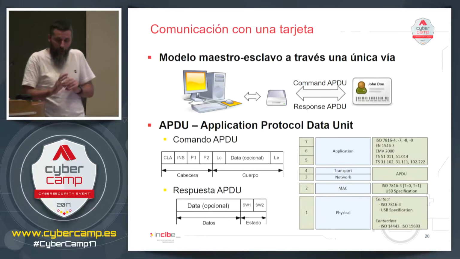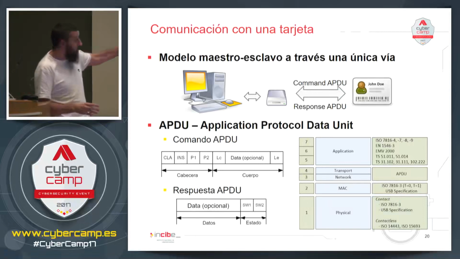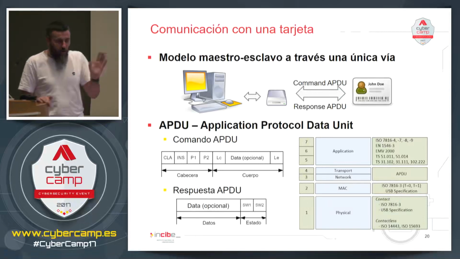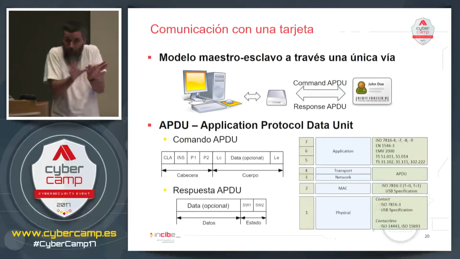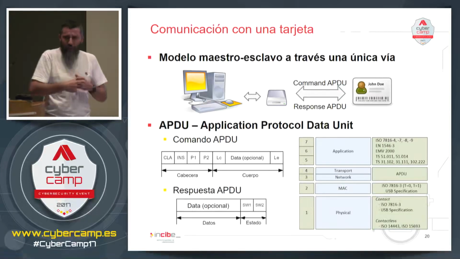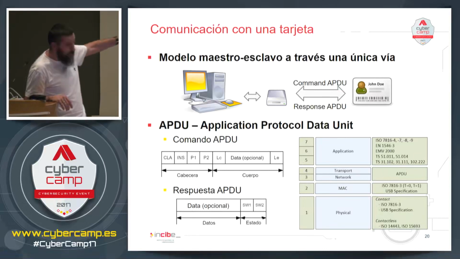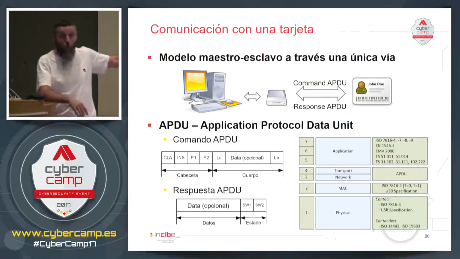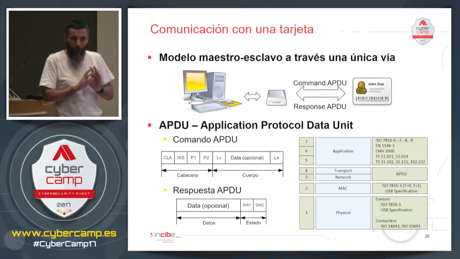Sometimes all it has to do is say that I've done things properly, and it tells you the state of the operation. Just information. If at any time you start working on this, when SW1 and SW2 is in hexadecimal 9000, it's 2 bytes with 9000.